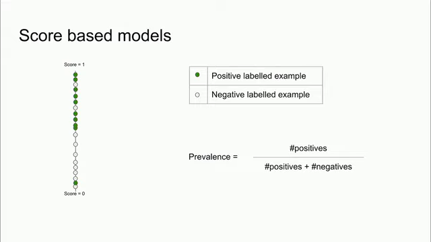What matters is just the relative ordering of the different elements. If you shifted this green example slightly up, the overall ranking would still be the same. For many of the metrics we're going to look at, the absolute position doesn't matter so much; it all depends on the relative ordering.